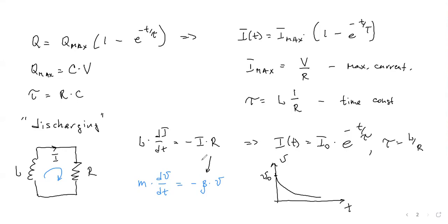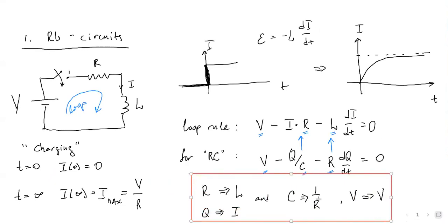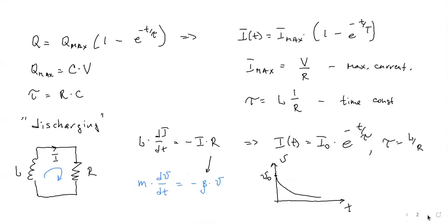We can solve one example because I don't really want to stay too long on this. I would just refer to RC circuits, and I would refer to this kind of analogy when you can translate one set of equations or situation to another. This is a good set of substitutions from RC to RL.